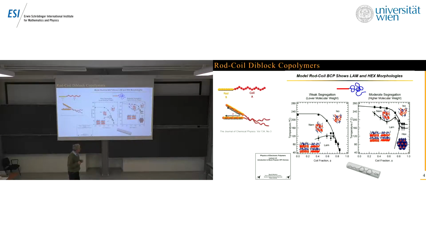But the difference here is determined by the fact that in the case of these rod-coil block copolymers, there are two factors which promote layering, which promote these layered phases, just periodic phases. Of course, the primary one is microphase separation, typical for coil-coil polymers, because we also find lamellar phases and similar phases in coil-coil polymers without any liquid crystal order.